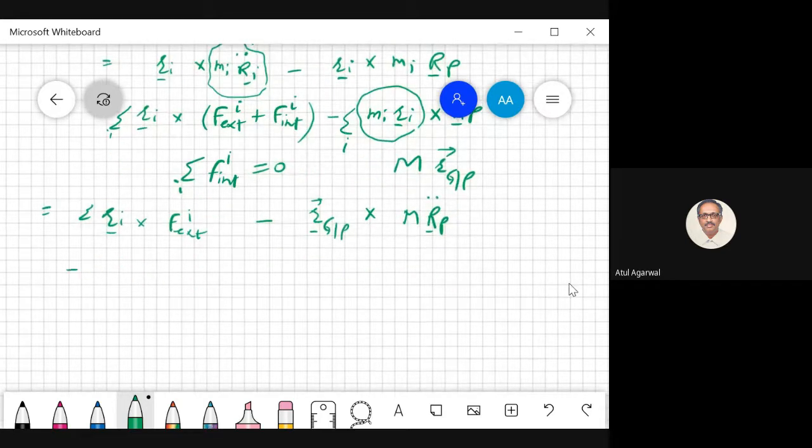So this I can call the moment of the forces about point P. Take the moment of all the external forces acting on the body, find the torque of those forces about point P. Is it all right? Minus R, and this is your dL by dt.